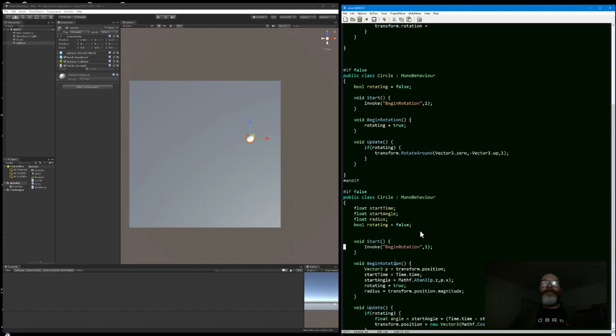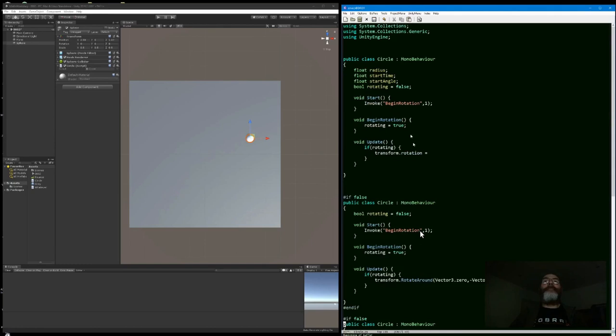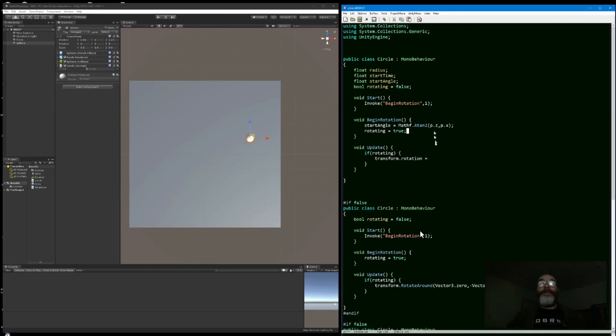So I'm going to do that. I set up the start angle, I say it's rotating, and then here there's some expression that I can get that would do this properly. Problem being is I need to set a rotation around a particular point.